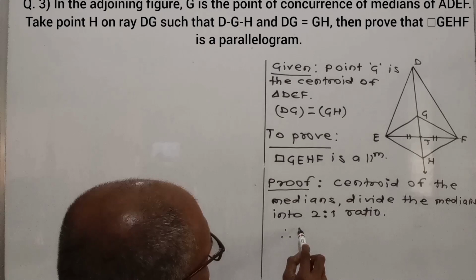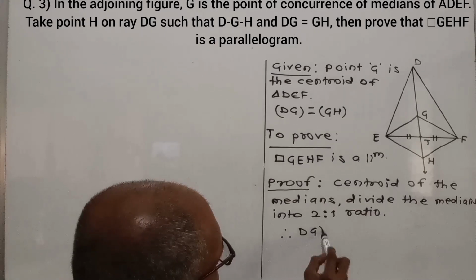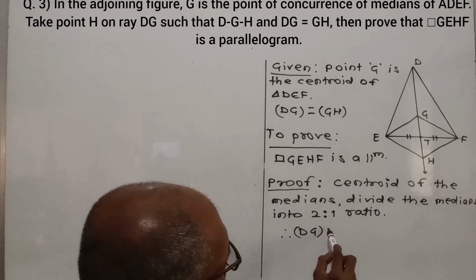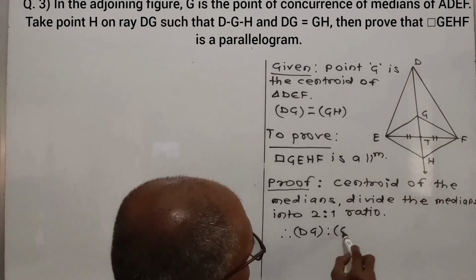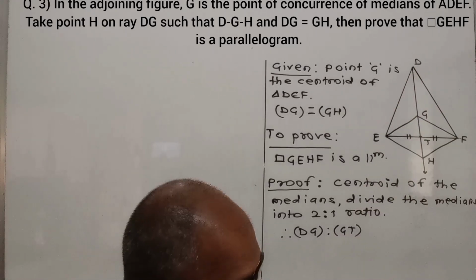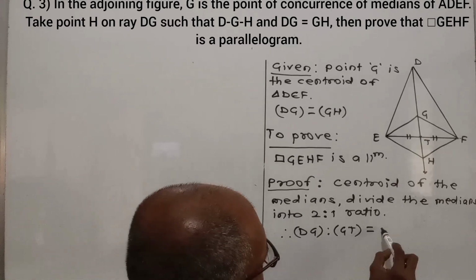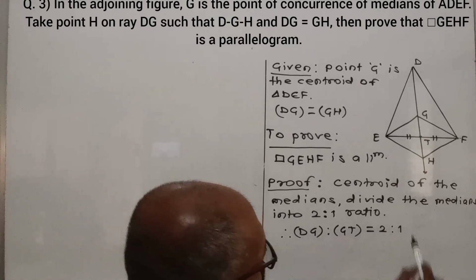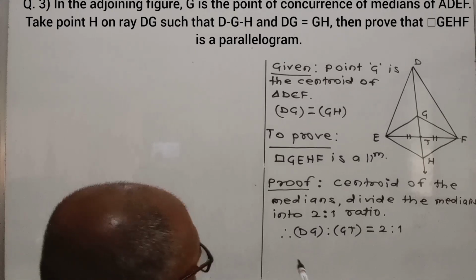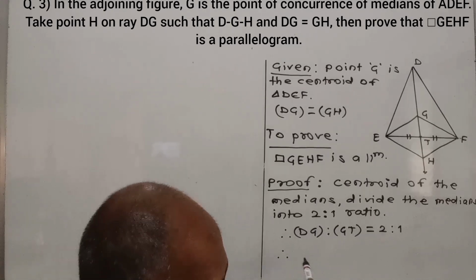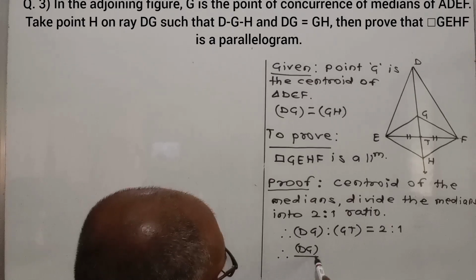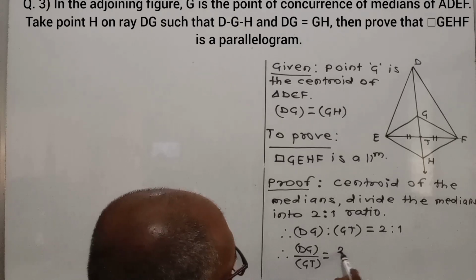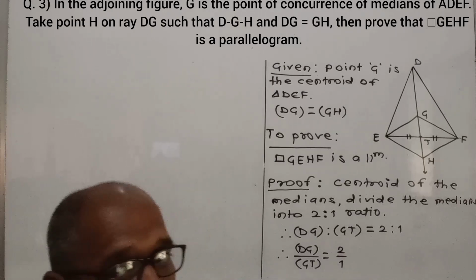Therefore, we write here DG is to GT is equal to 2:1. Then we write in the form of division: DG upon GT is equal to 2/1.